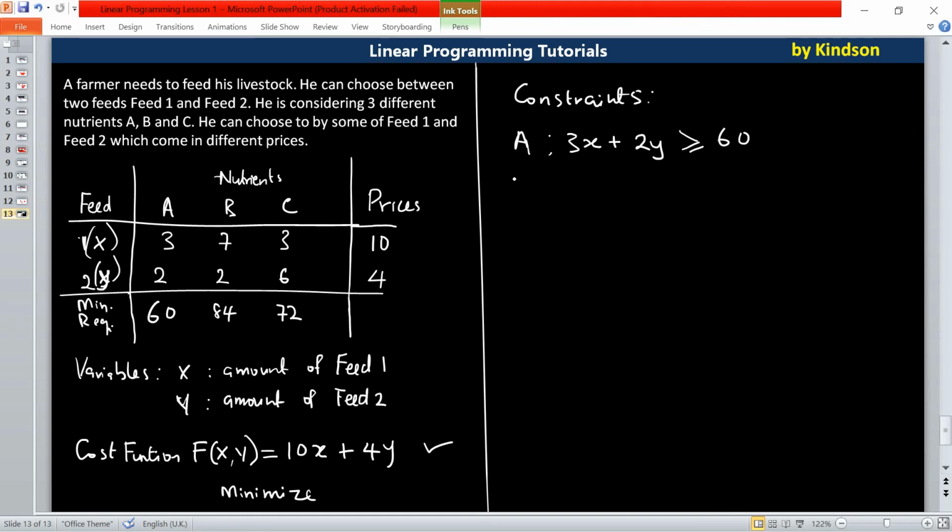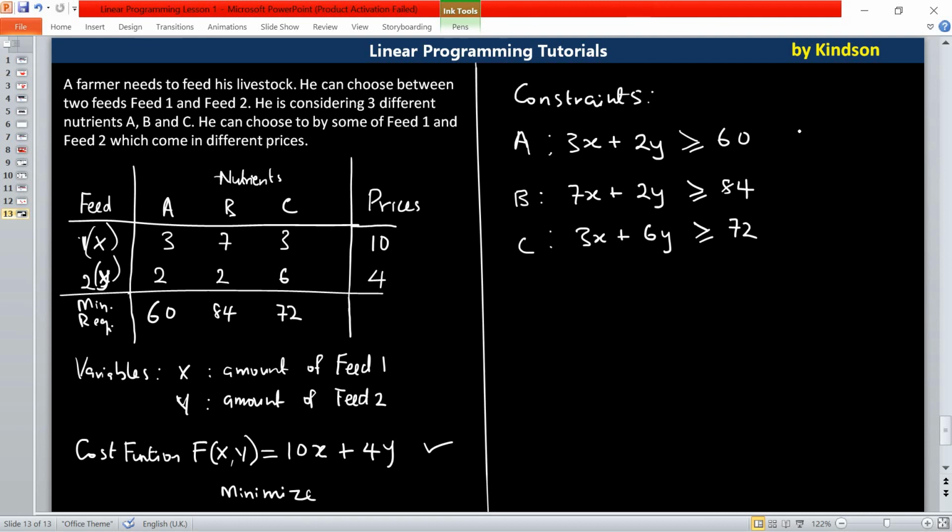I hope this is clear, because it has to be greater than or equal, because 60 is the minimum. So for nutrient B, we have 7x plus 2y has to be greater than or equal to 84. And for C, we have 3x plus 6y has to be greater than or equal to 72.